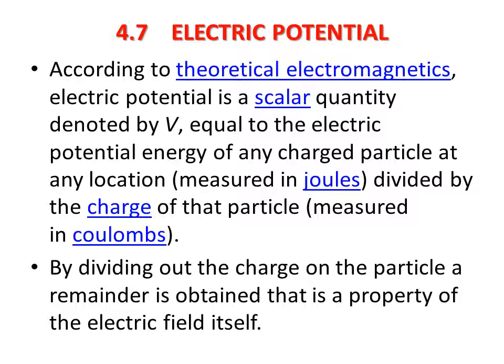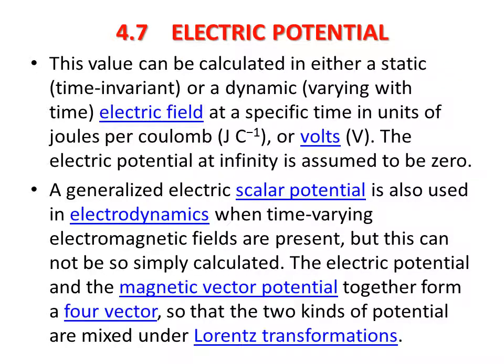By dividing out the charge on the particle, a remainder is obtained that is a property of the electrical field itself. So this value can be calculated in either a static, time-invariant field or a dynamic field, varying with time, at a specific time, in units of joules per coulomb or volts. The electrical potential at infinity is assumed to be zero.